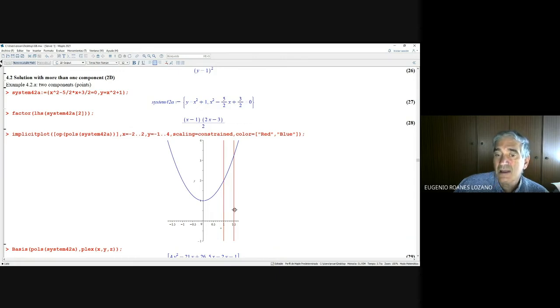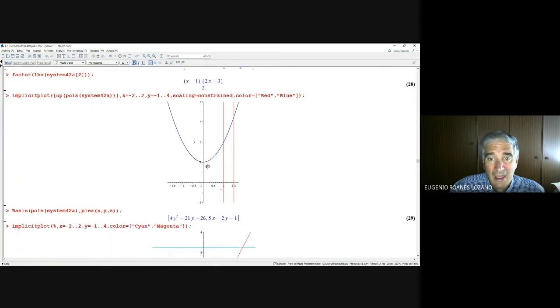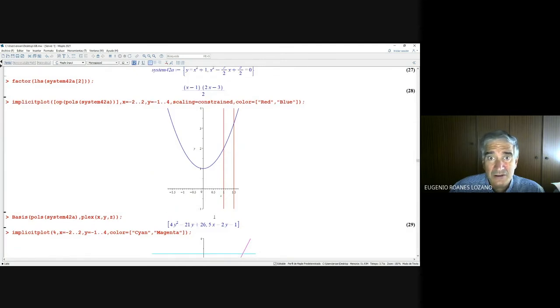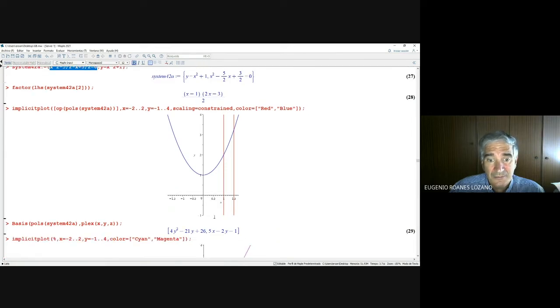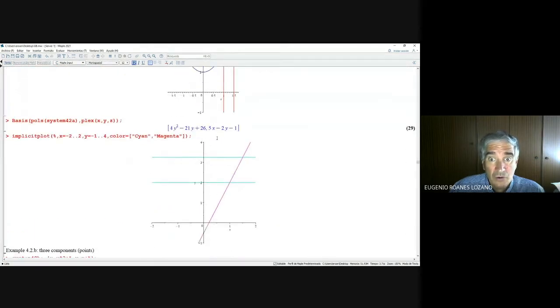The two red vertical lines are the locus of this equation, as can be seen here when we factor this x squared minus 5 over 2 x plus 3 over 2. The intersection is a couple of points, and the Gröbner basis is again a couple of polynomials, as we can see here, and the 2 points are described as the intersection of a line and a couple of lines.